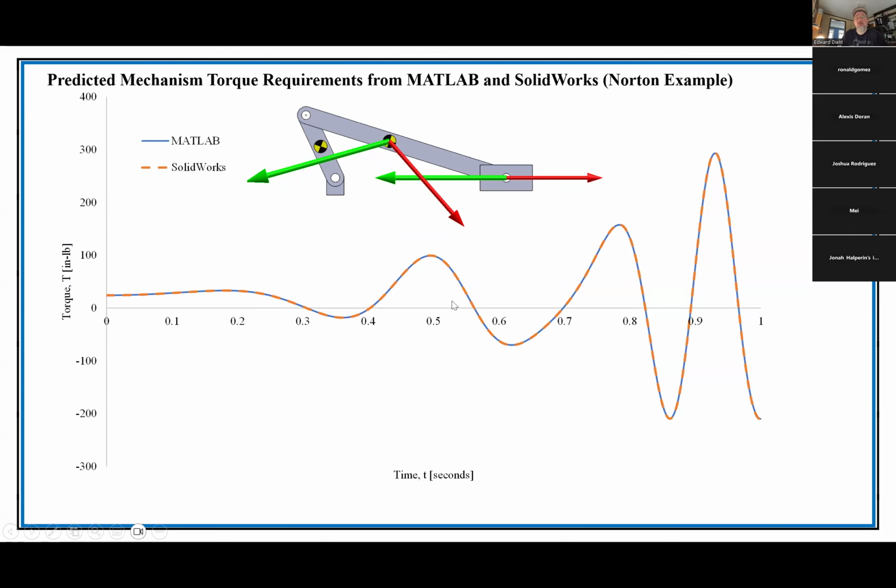Here is also the output that you might expect from a crank slider. This is a crank slider that's accelerating, by the way, which is done for a particular reason, because I was trying to match the results of an example problem that had both a velocity and an acceleration. The crank did, so I had to make the unit so that there was a particular spot that coincided with the orientation, velocity, and acceleration of the crank.